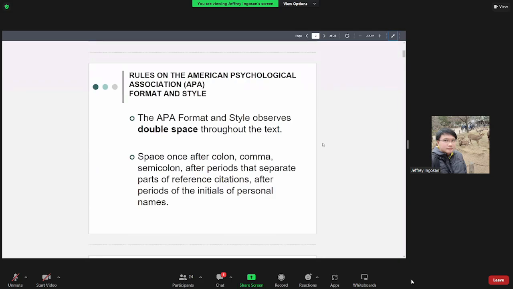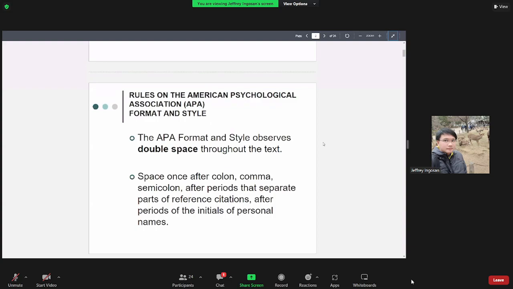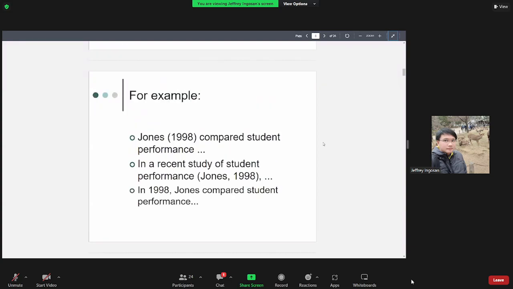So for example, if you would want to cite a paper in your study, there are several ways of doing this, and there are actually rules that must be followed. So this is just one of the samples and rules that would be followed in citing a reference. So it may be possible for you to include the source as part of your discussion, or you could just discuss the idea and then include the source in your discussions.